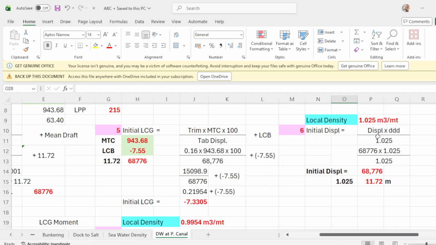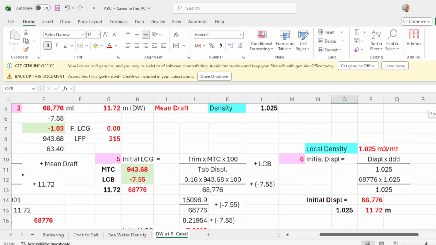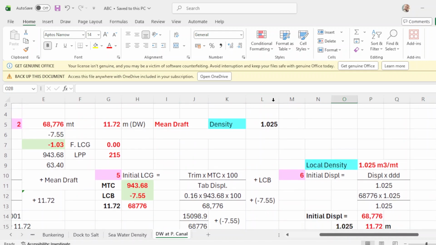Your displacement is 68776, okay, times your local density of 1.025, which is your local density. This one, okay? That's all.